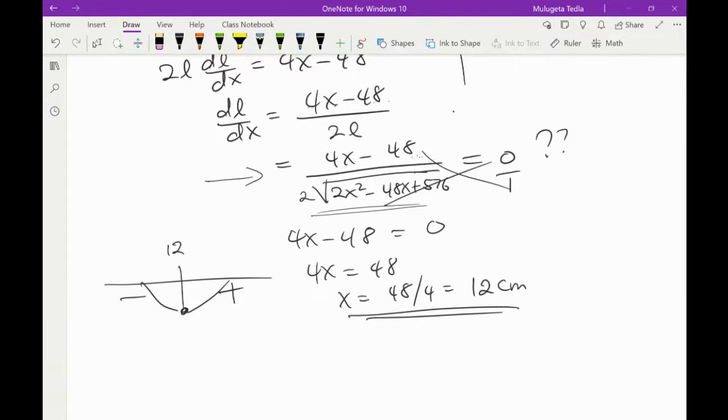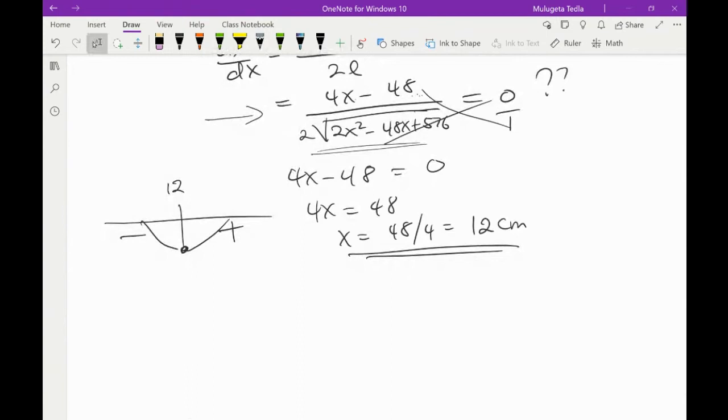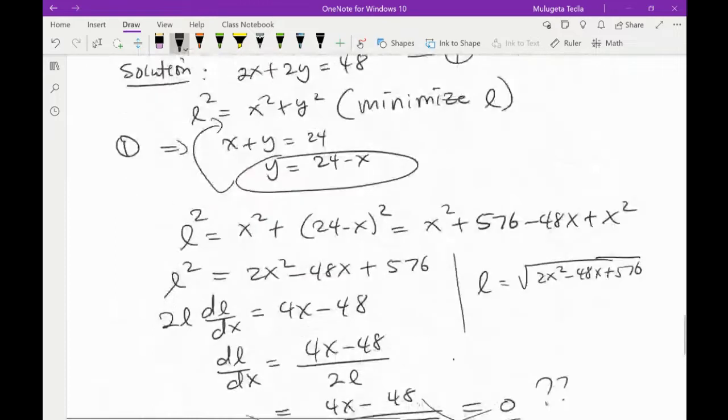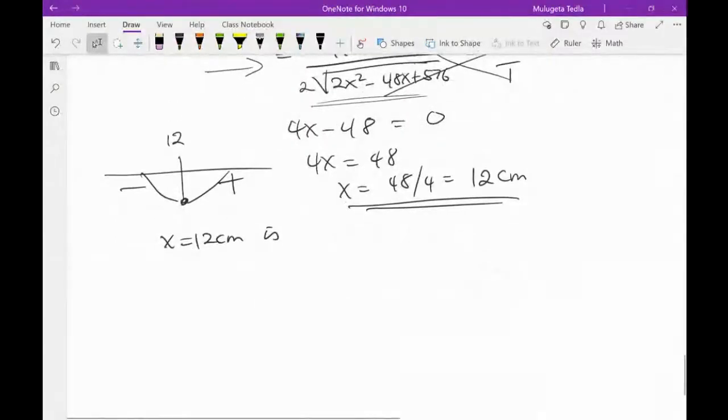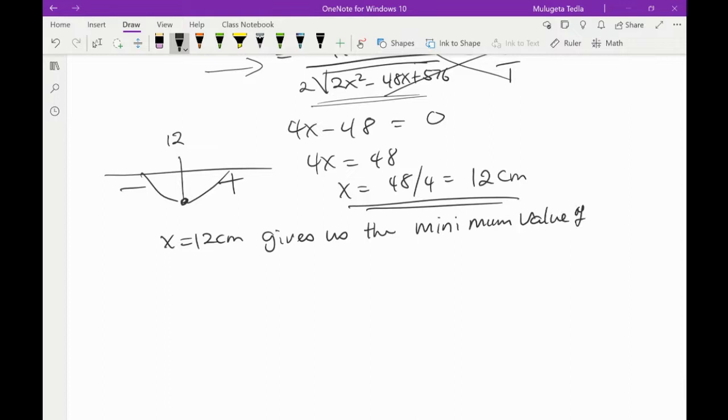So x equal to 12 centimeters is the dimension of the rectangle that gives us the minimum value of the diagonal.